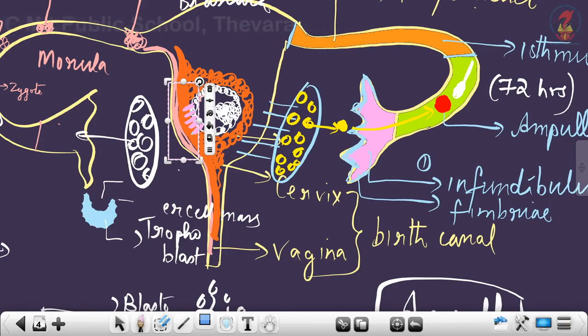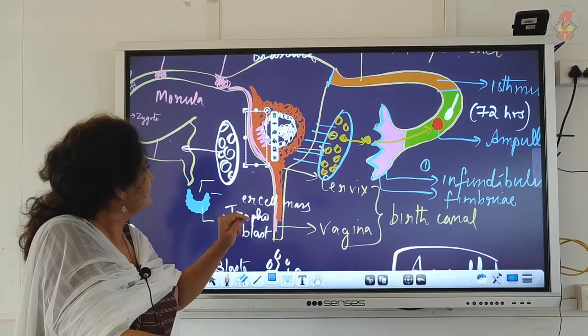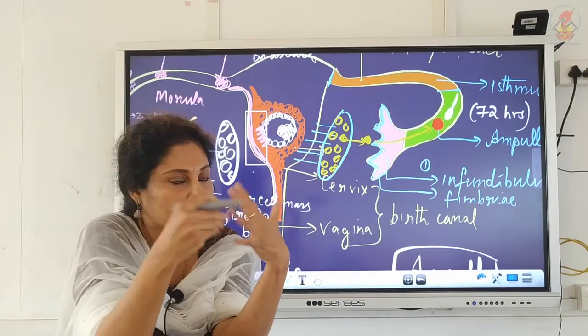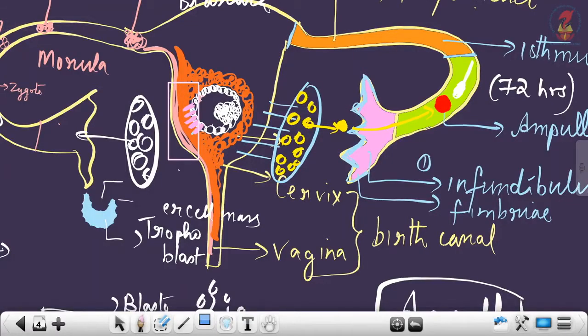So once again, the trophoblast forms finger-like projections, and these finger-like projections are called chorionic villi. These chorionic villi penetrate into the uterine endometrium, and the uterine endometrium together with the chorionic villi get interdigitated, so much intertwined, locked up, to form a structure called placenta.